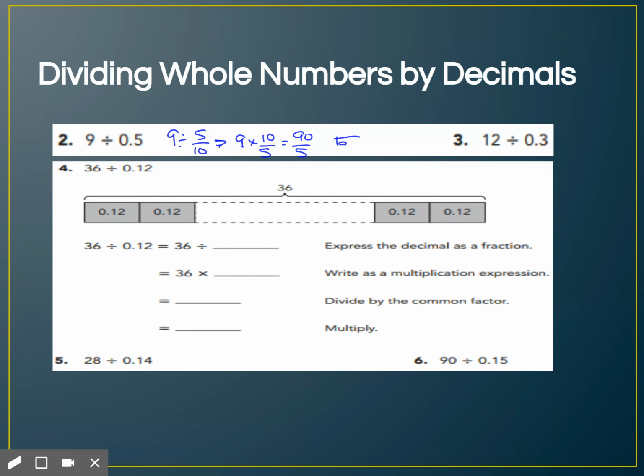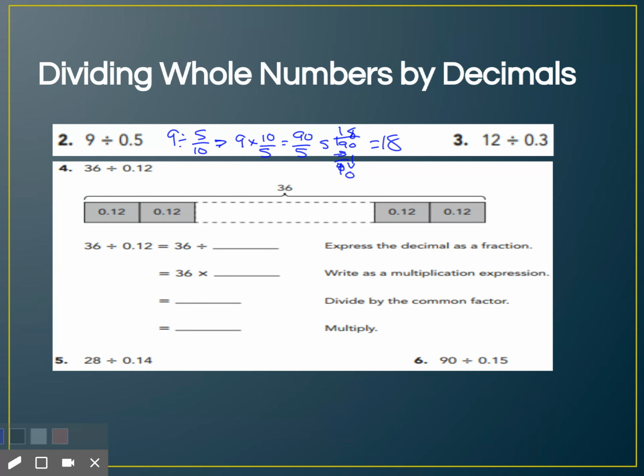And I would do the long division, and I would see that 90 over 5 simplifies all the way down to, I'm just going to do the math here. All the way down to 18.